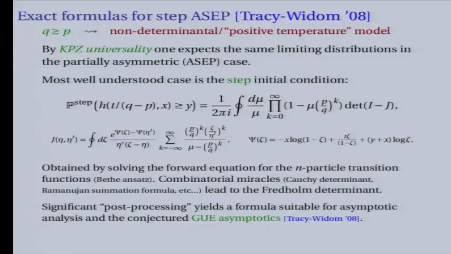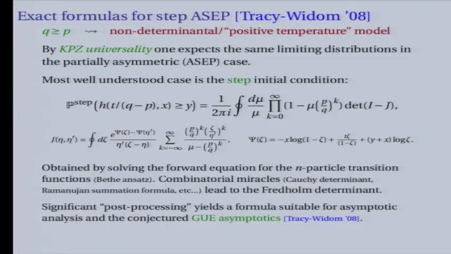So in the partially asymmetric case, one should see, and that's what people believe, exactly the same fluctuations. Now, the problem is that, as I said, when we go away from the totally asymmetric case, it's not a determinantal process anymore. The correlation functions are not nicely written in terms of determinants, and that was very useful when one wants to take the limit.